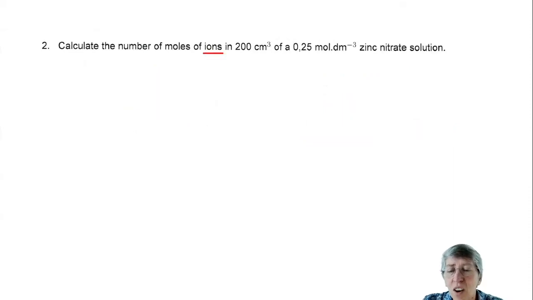In number 2, they ask us to calculate the number of moles of ions in 200 cube centimeters of a 0,25 moles per cube decimeter zinc nitrate solution. So they're asking us for ions, but they're giving us zinc nitrate. Now let's start with what they give. They give you a volume and they give you a concentration, and this is a solution.